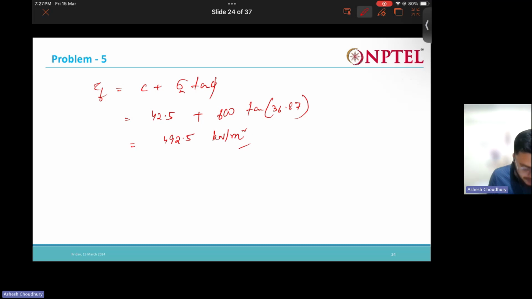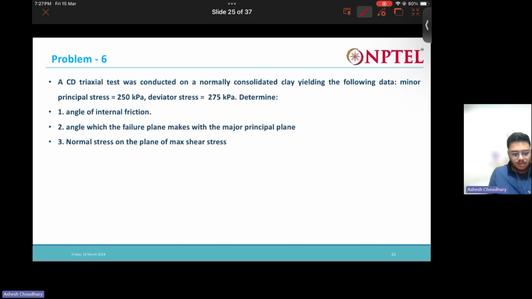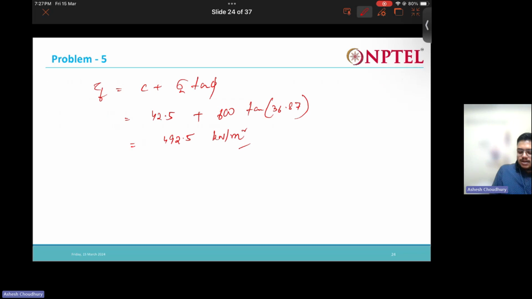Done. Quite simple. Directly using the data, we put it in the equation, so we found out the value.